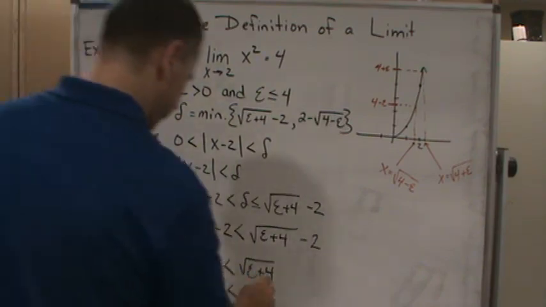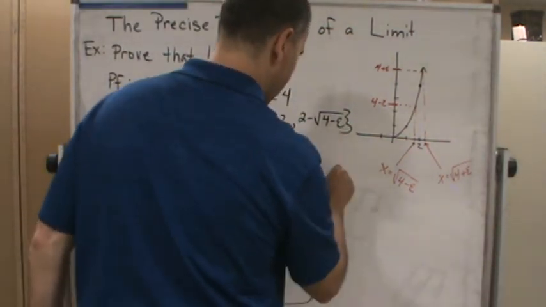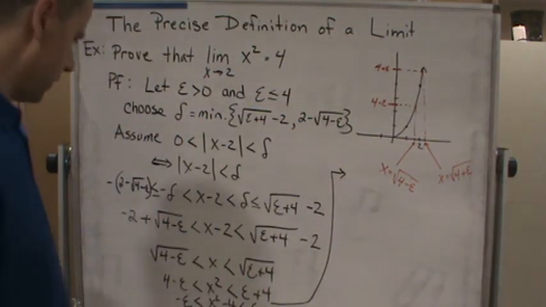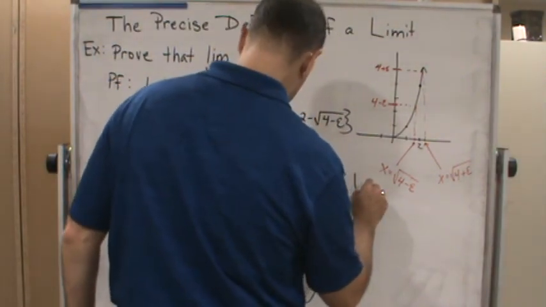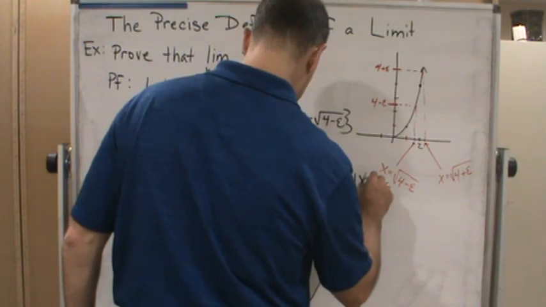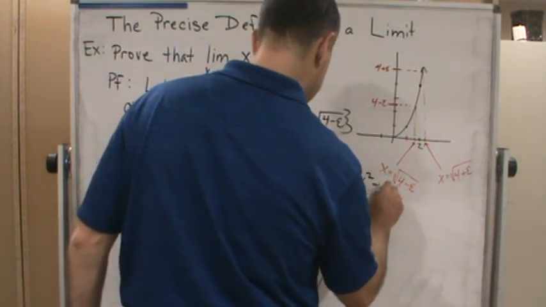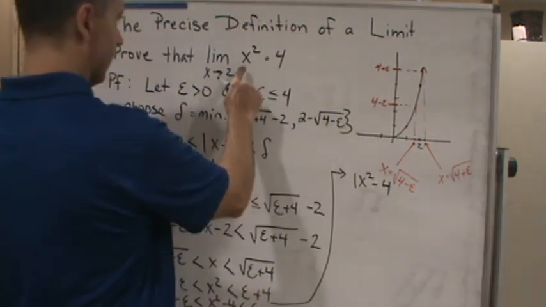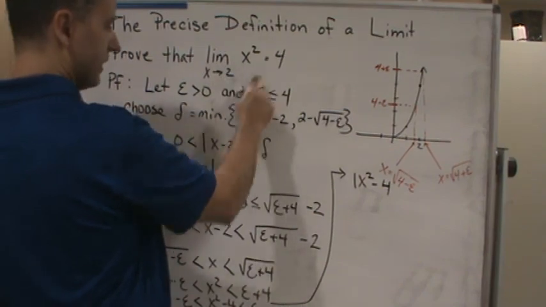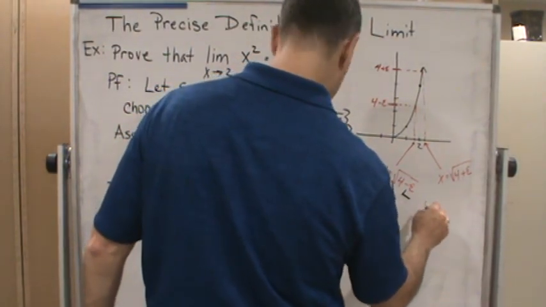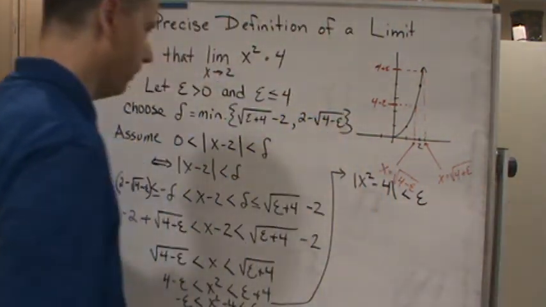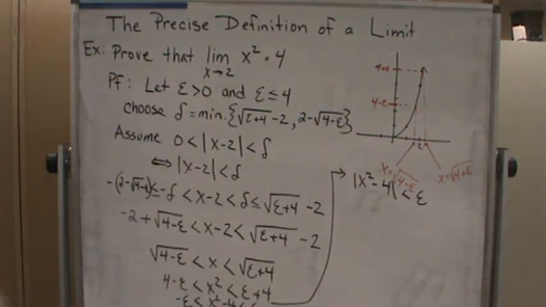And guess what? Now we're finished, because that becomes the absolute value of x squared minus 4, which is your f of x minus L, is less than epsilon, which is exactly what we wanted.